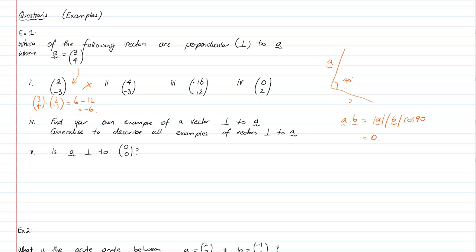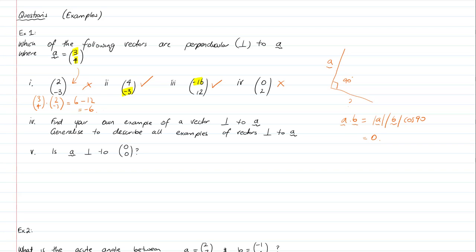I can see that 4 and negative 3 and 3 and negative 4 gives me 12 minus 12. So this one works. Negative 16 and 12 gives me negative 48 and 48. So that one works. 0 and 2 doesn't work because the 0 wipes out everything in the top row, leaving us with 8. So that one doesn't work. And of course, we could have recognised here that we really needed to have a negative because these are both positive to make this work.